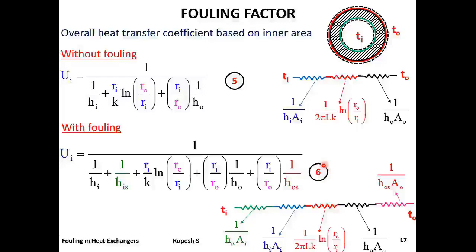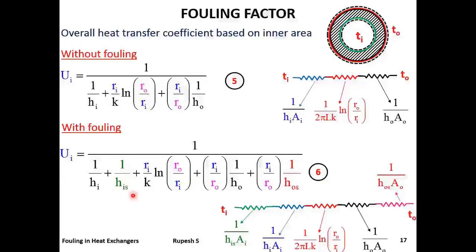Now just identify how resistance on inner surface appear in equation number 5. Without fouling, there is only one resistance in the inner surface, this one, and it contributes to 1 by Hi. But with fouling, there are two resistances on the inner surface, and this resistance contributes to 1 by Hi as we saw in equation number 5. This additional resistance contributes to 1 by His.